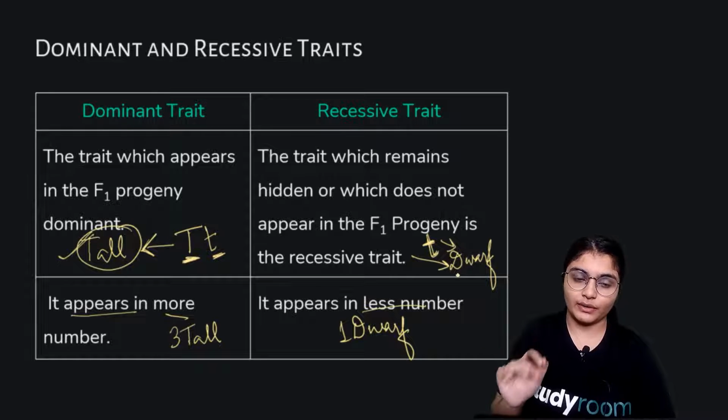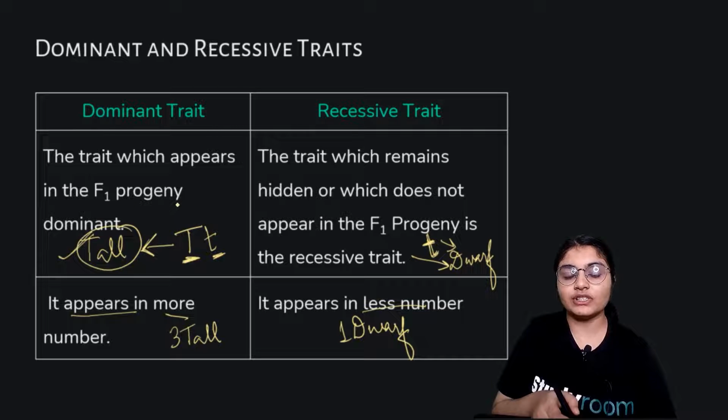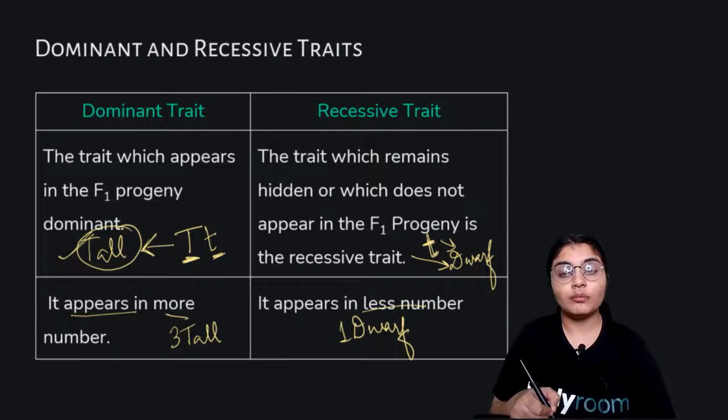Here you can see that the dominant trait is the trait appearing in the F1 progeny, and the recessive trait is the trait that is hidden in the F1 progeny. So there is a very simple difference that we can see, and the example is the monohybrid cross.